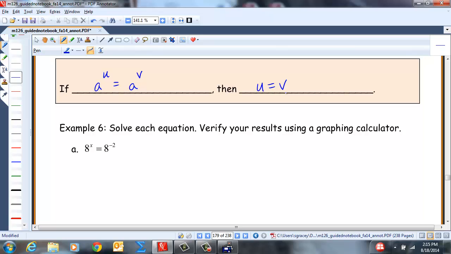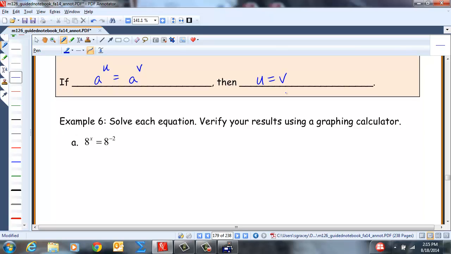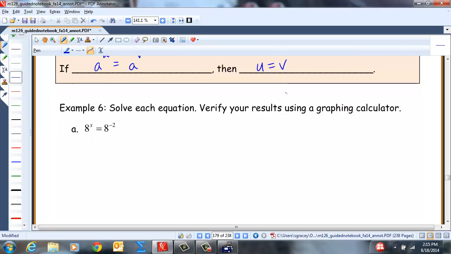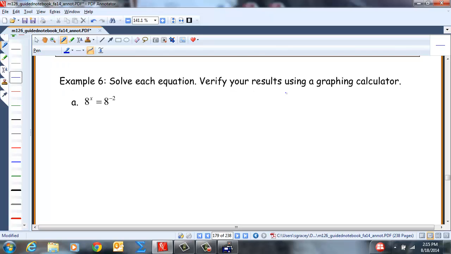It doesn't always work, but this is one option. Here I have the same base of 8. Since the bases are the same, you can equate the exponents. So x has to be equal to -2. That would be our answer.